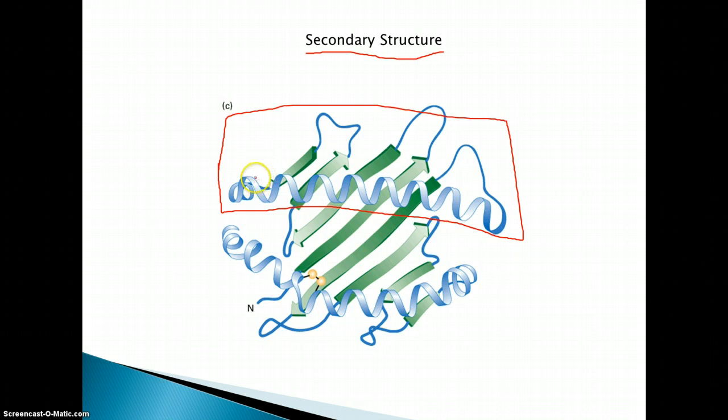So here, for example, we have an amino acid hooked to another amino acid. Now what might happen is at an interval there might be a hydrogen bond, and this is why the secondary structure coils up. But all that you need to remember is that secondary structures are coiled strings of amino acids.